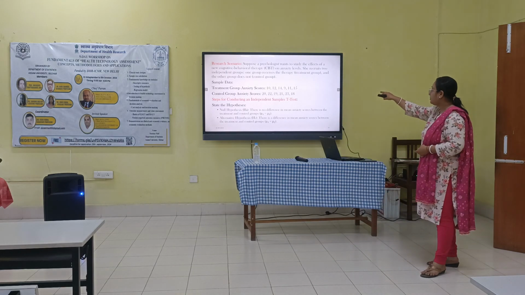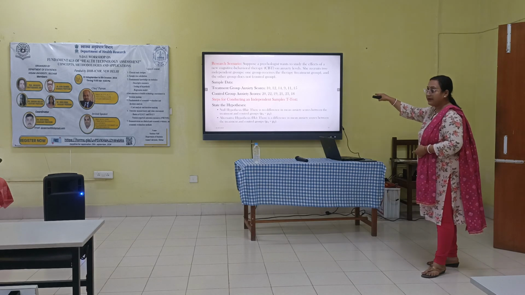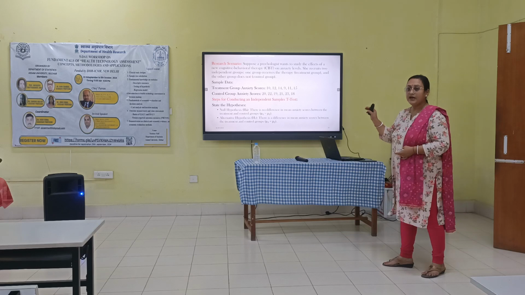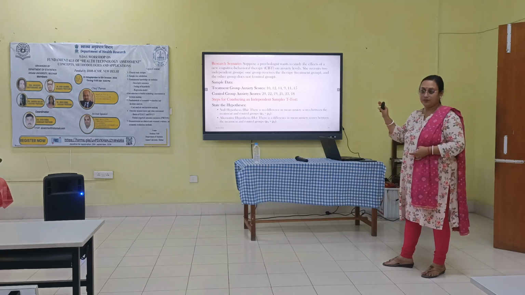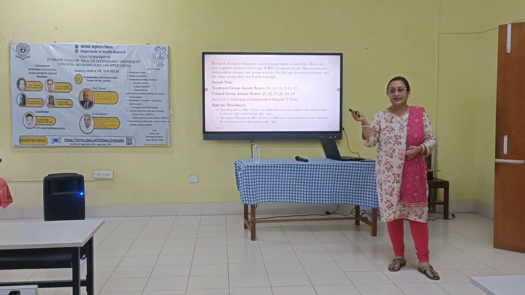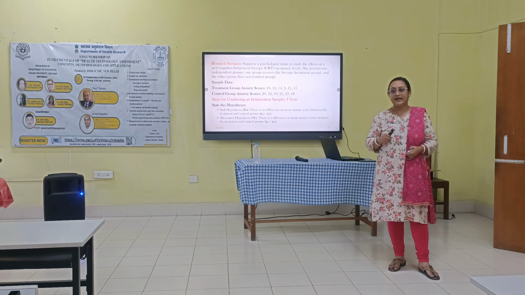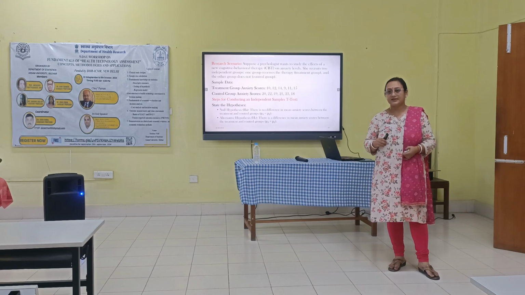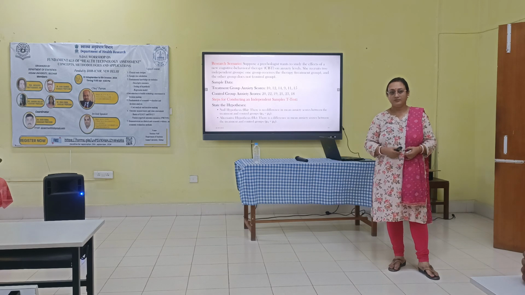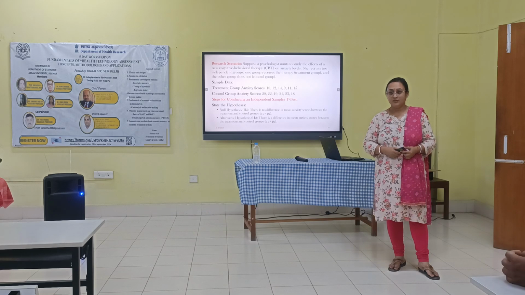Okay, so we have the scores about the anxiety level. So we have the sample data for the treatment group as well as the control group. So how can you know that this is a research where we can apply the independent sample t-test? Because there are two groups.